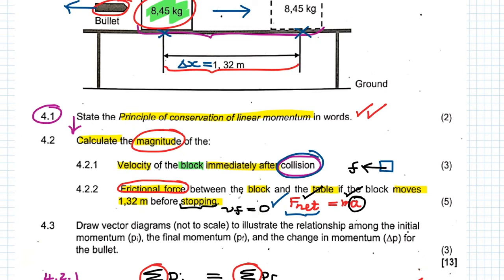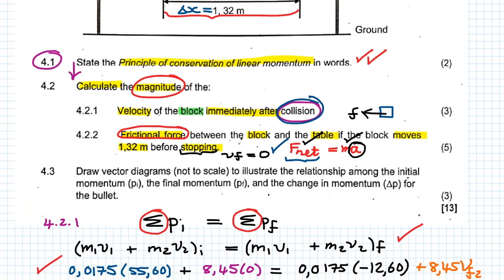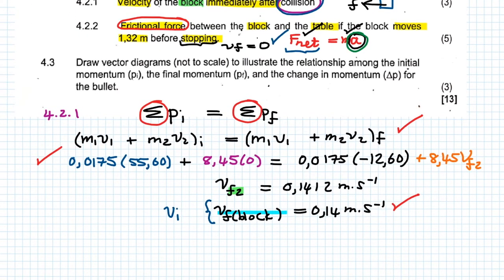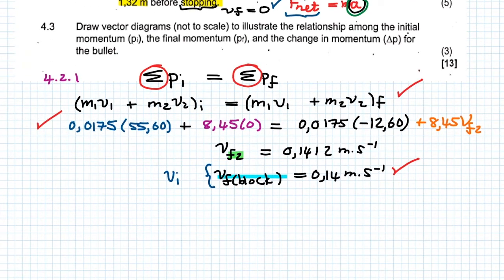So how about we make use of an equation of motion in order to determine the block's acceleration as it moves along the table? We choose one formula from the equations of motion that will work. I'm going to go with v final squared is equal to v initial squared plus 2 acceleration change in x.